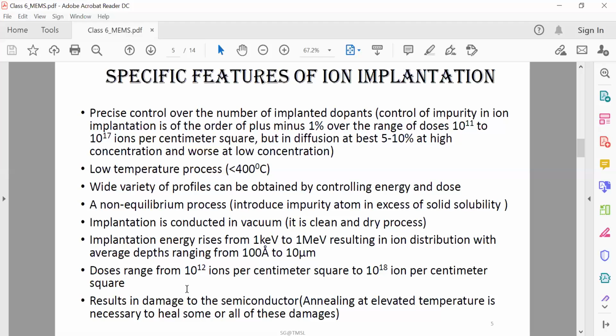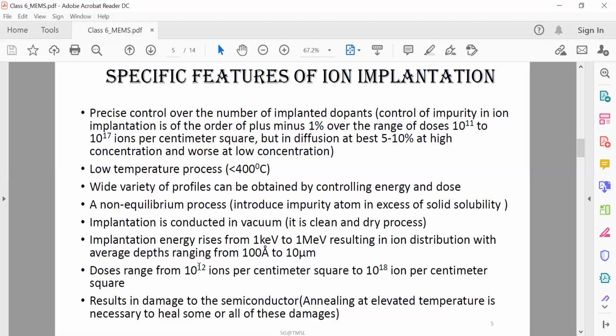The other point is that ion implantation is conducted in vacuum, so you can expect a clean and dry process. Diffusion is not in vacuum; it is performed in normal atmosphere, so there is a chance of incorporation of impurities other than the dopant atom.